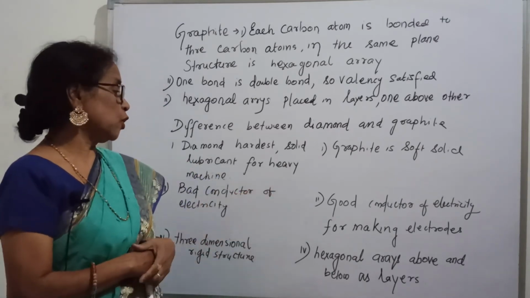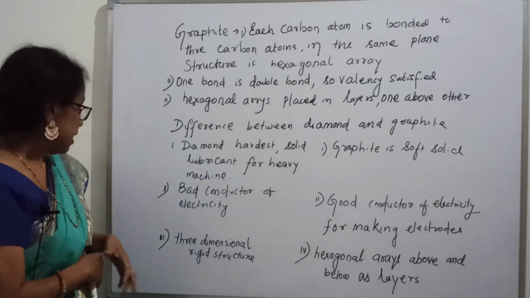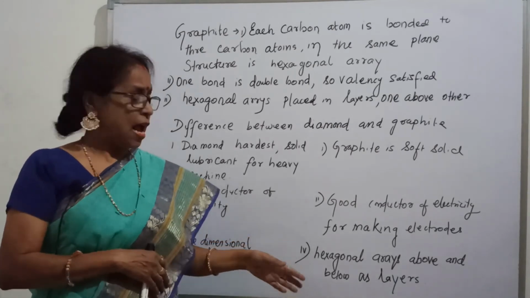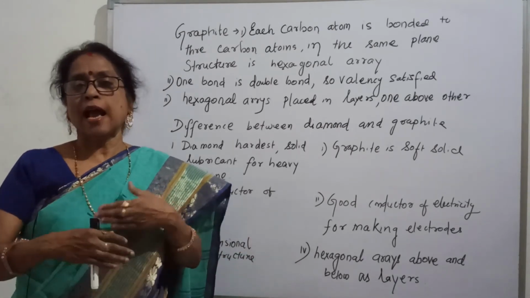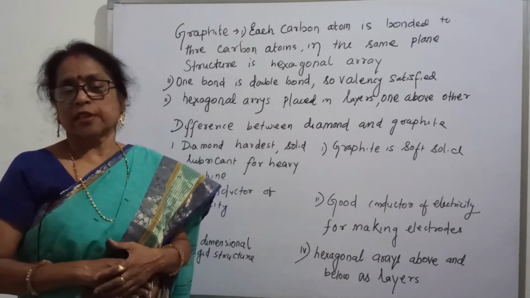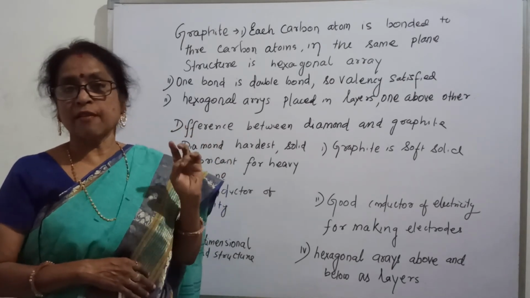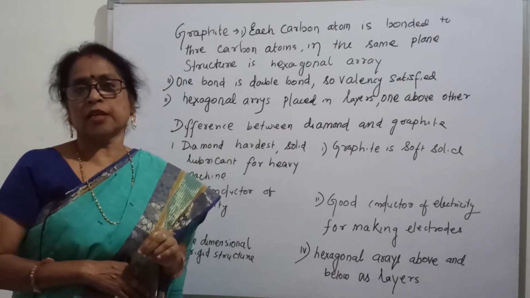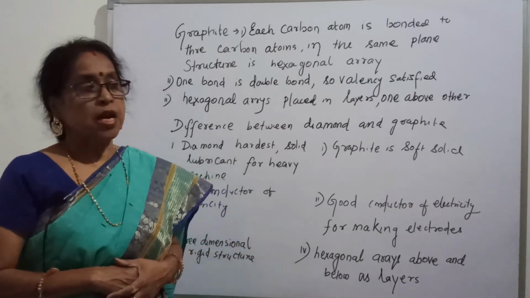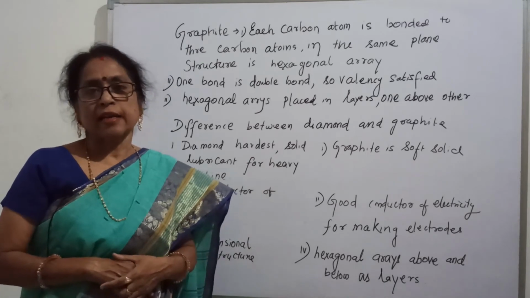Electrodes are formed from graphite. So diamond is a 3-dimensional rigid structure, and graphite is a hexagonal array, a layer structure with one layer above the other. Very important: graphite is a soft solid and a good conductor of electricity, used for making electrodes. These are the main differences between diamond and graphite.